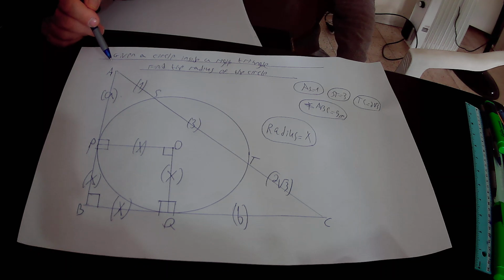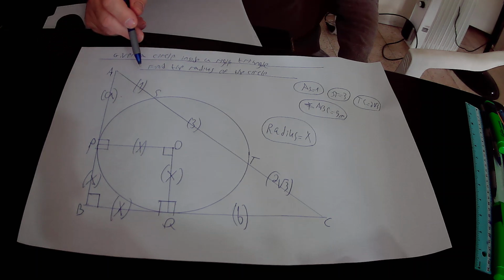According to rule 10, we get that AP square will be equal to AS times AT.